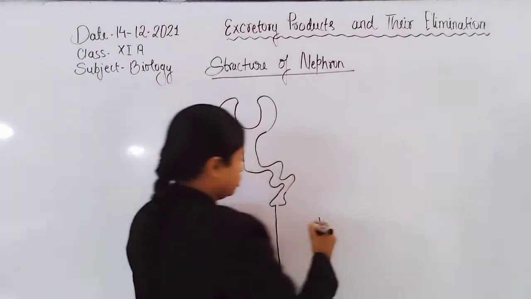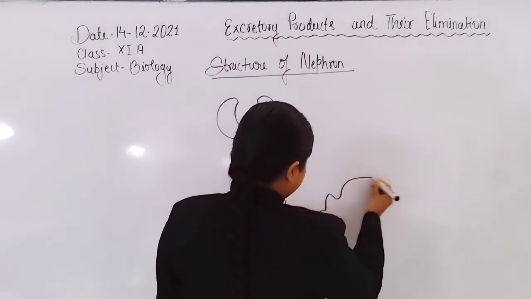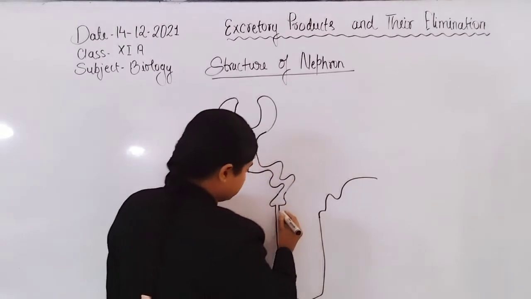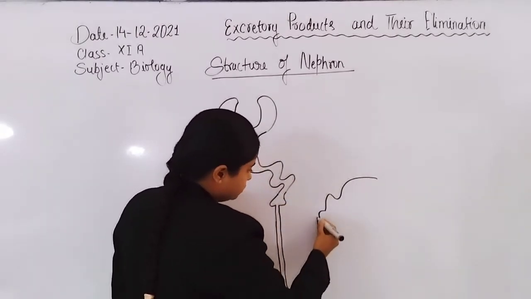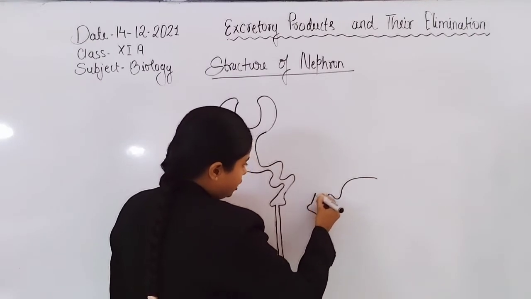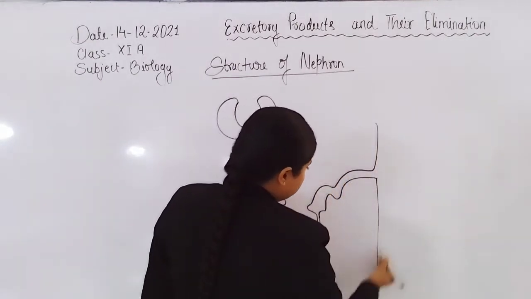In the structure of nephron, there are different parts: a cup-shaped structure continuing into a tubule-like structure.